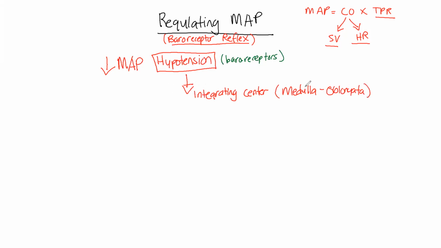Then the integrating centers are going to analyze this change and determine what is going to correct this change. And then it's going to send a response out via the autonomic nervous system, which is really acting here as our effector organ or effector tissue.